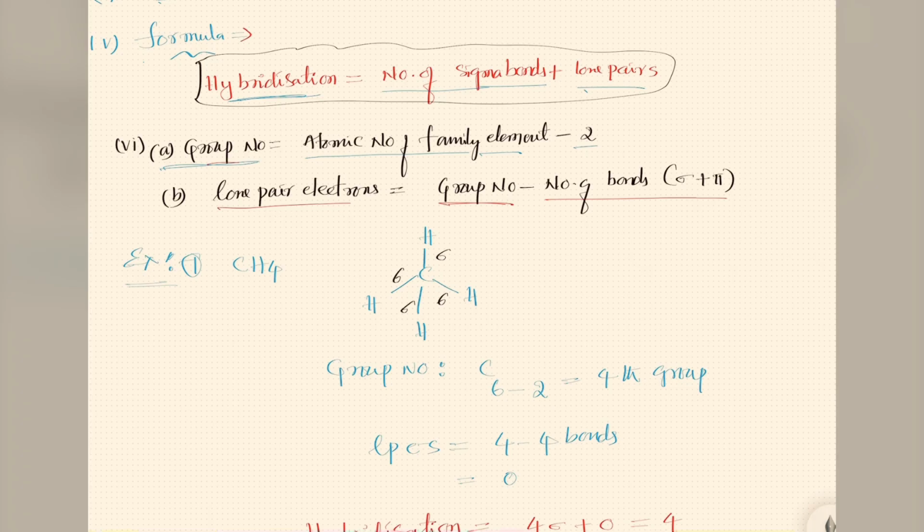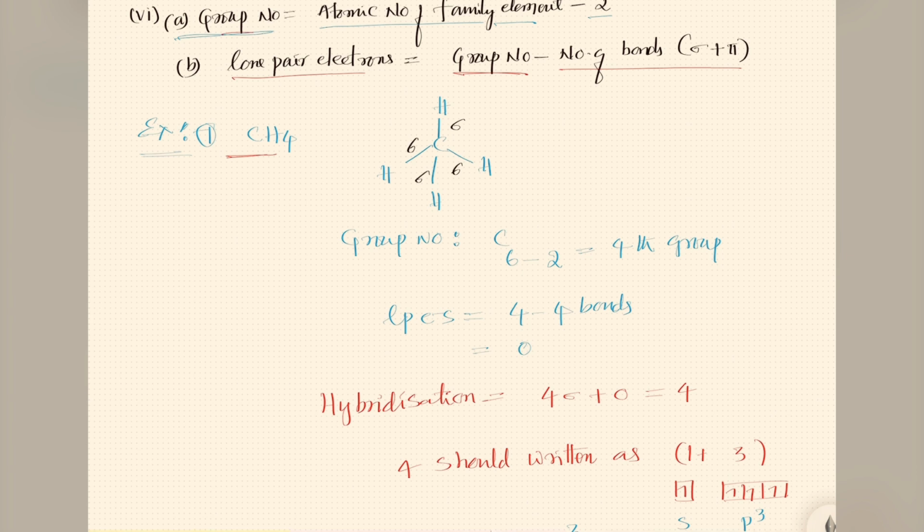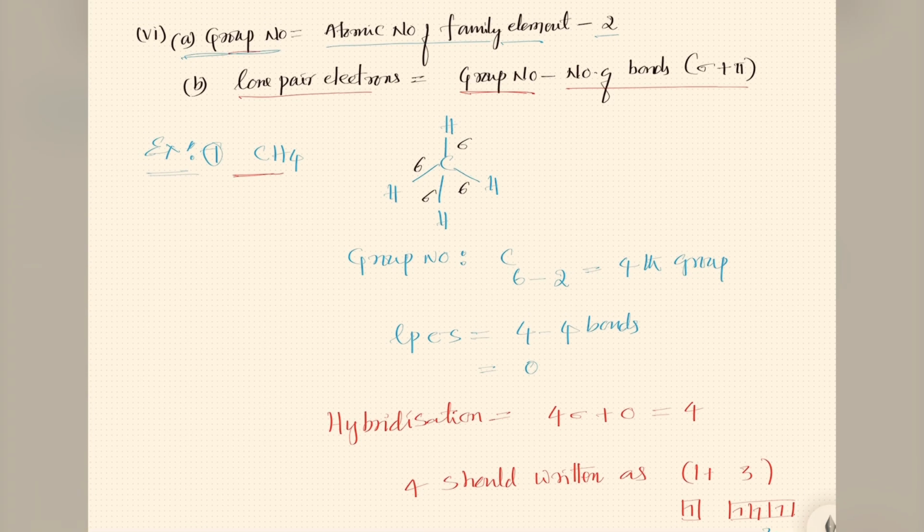For example, we will see methane. Already we know methane has carbon, and carbon undergoes sp2 or sp3, but here we don't know what type of hybridization methane undergoes. How to calculate? You can see, all of you say this methane structure is this.